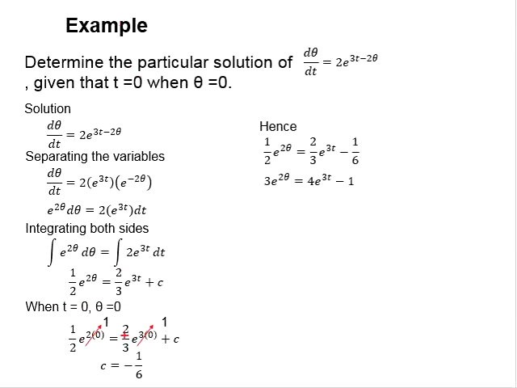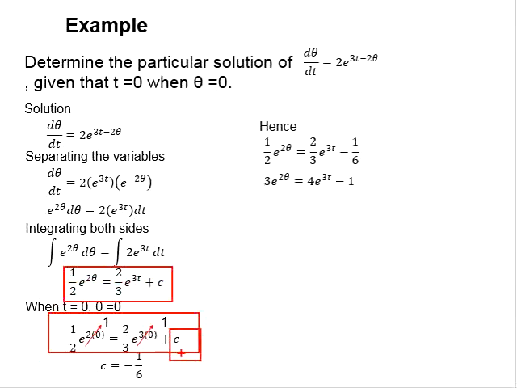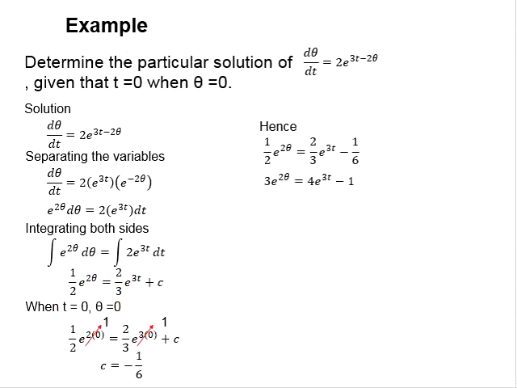It is given that t equals 0 when theta equals 0. Substitute the relevant values into the function here for you to determine the constant c. When theta and t equal 0, e power of 0 will be equal to 1. Same goes to the other side.